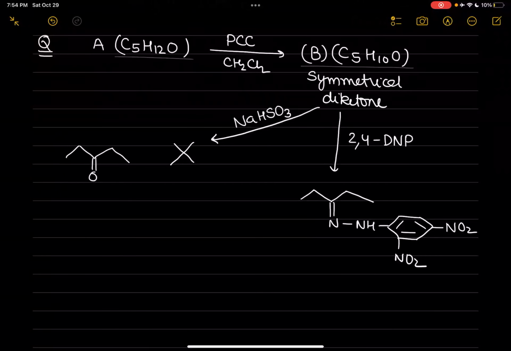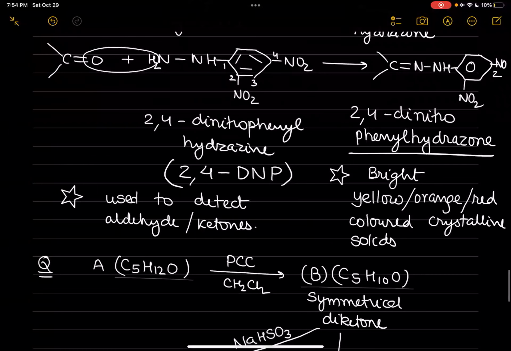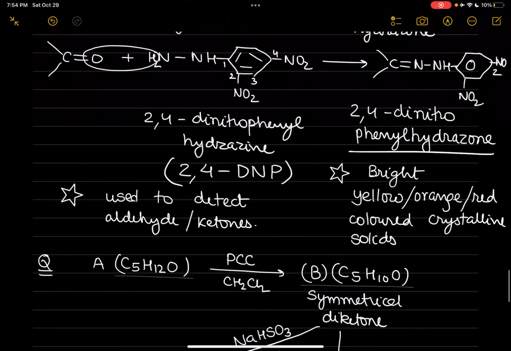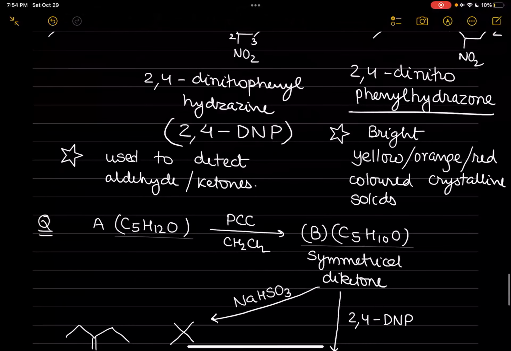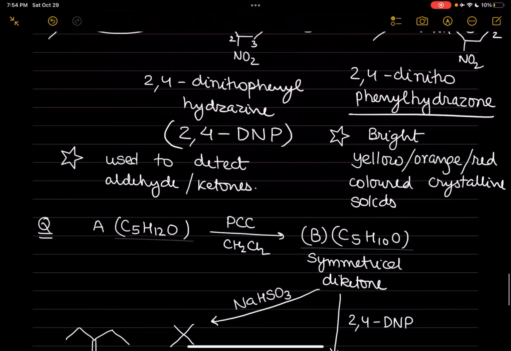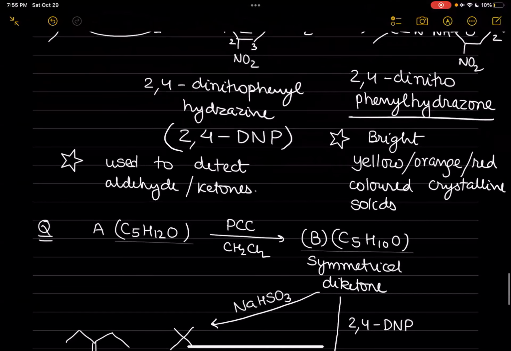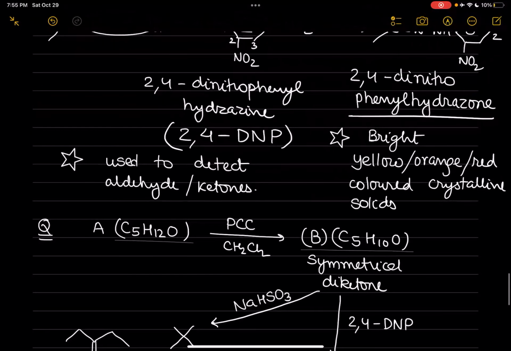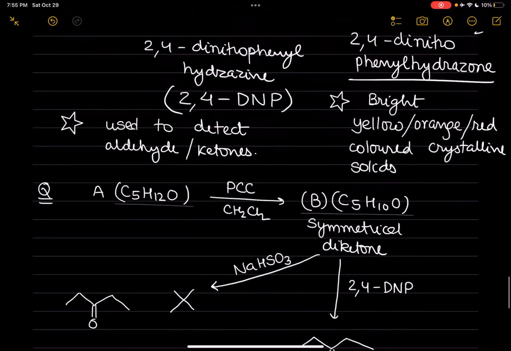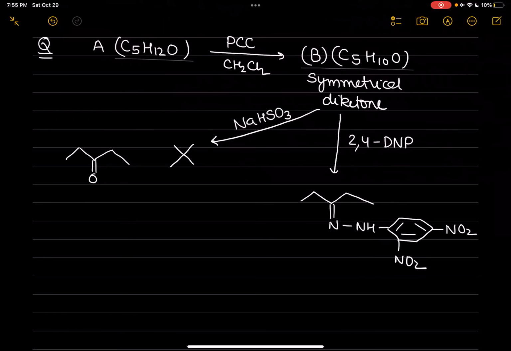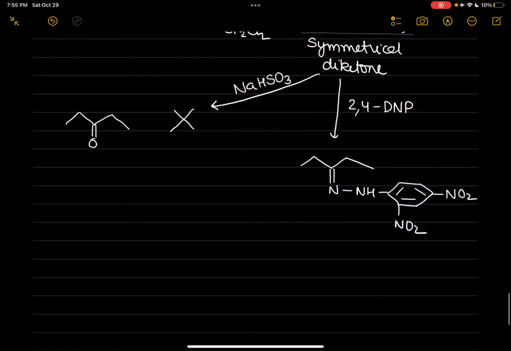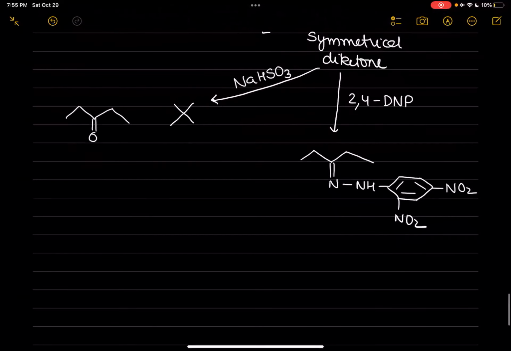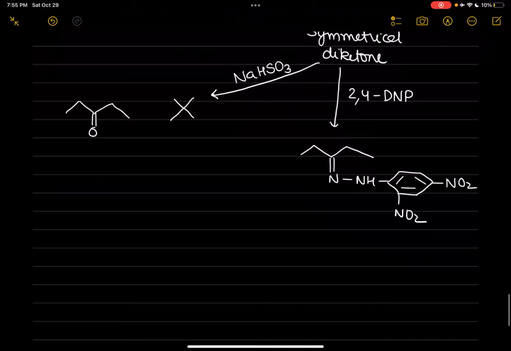And this is bright colored. The color can be orange, red, yellow, brown. It depends upon some groups which are present. So I'm giving you the general idea of how the color should be. Clear? So generally these are bright colored crystalline solids, right? Yes, sir.